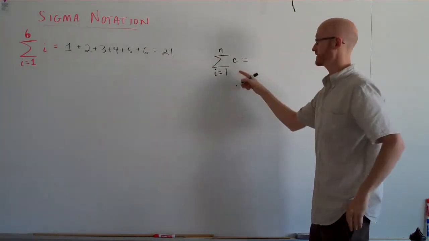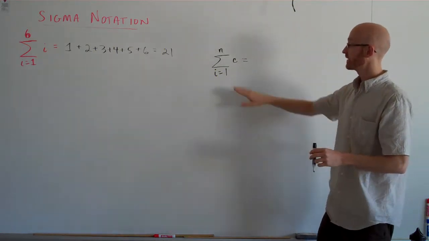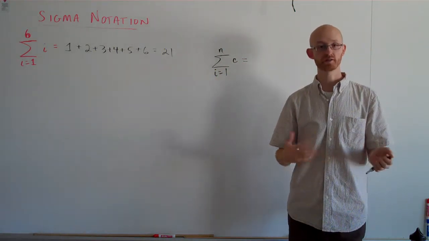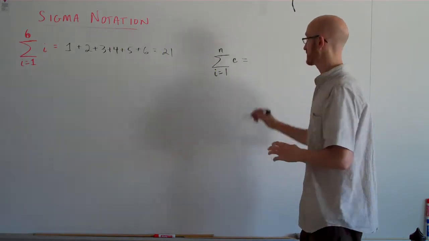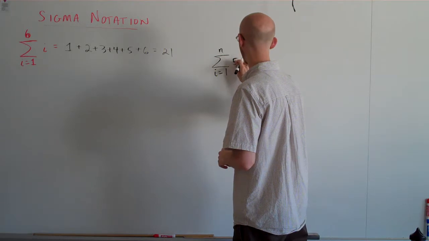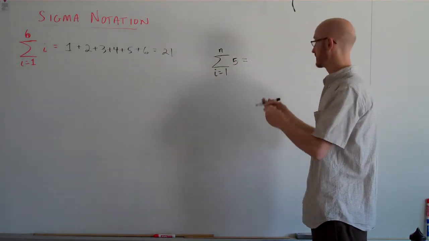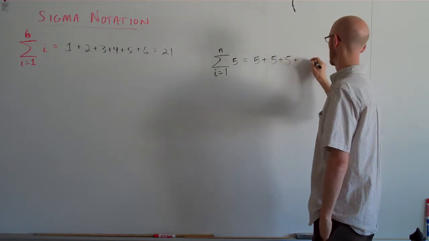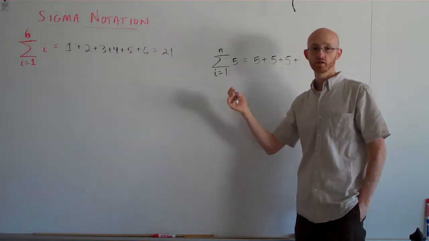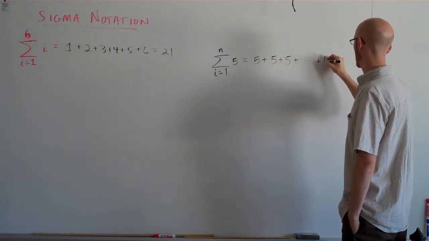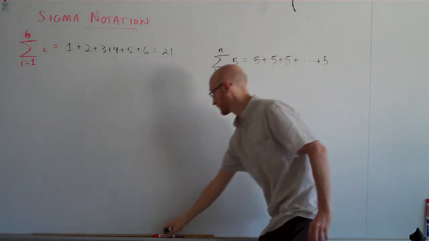And basically what this is saying, if I'm going from 1 to n, I'm adding up some c value, that is to say, a constant. So let's just pretend for a second that this thing is 5. It would be 5 plus 5 plus 5 plus... And then the question is, how many times do we keep doing this? Well, n times.